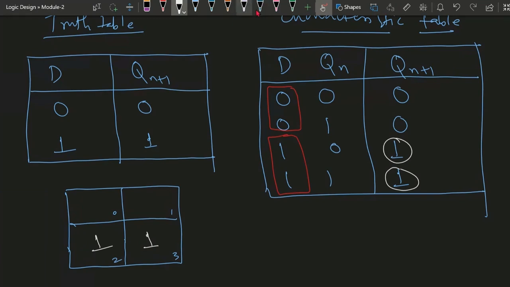Once we do the pairing, the expression for Qn plus 1 will be D bar and D, so this comes out to be D, and the other pair comes out to be 1. Adding these two, it comes out to be D. So this is the characteristic equation of D flip flop: Qn plus 1 equals D.